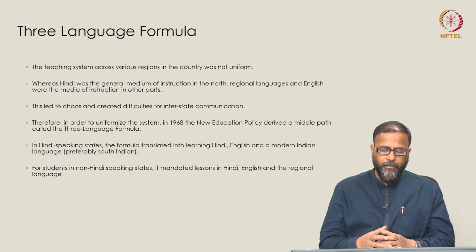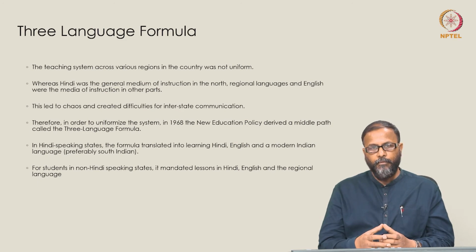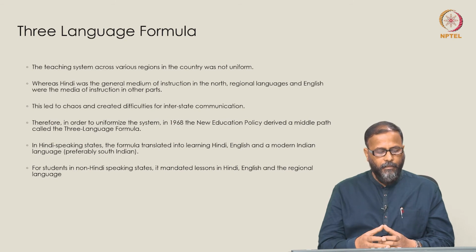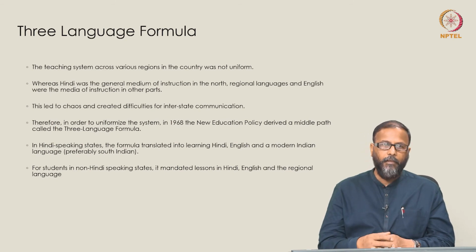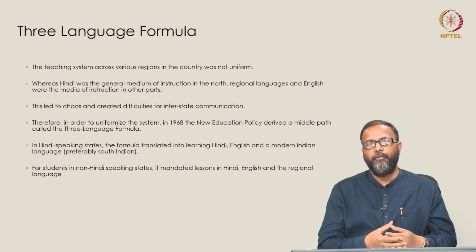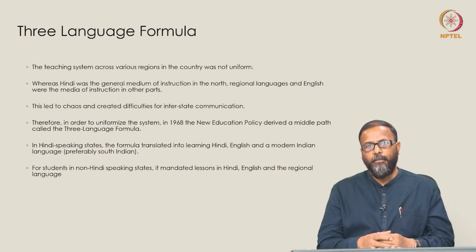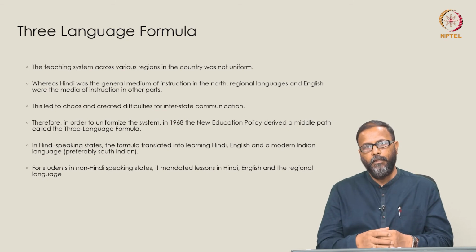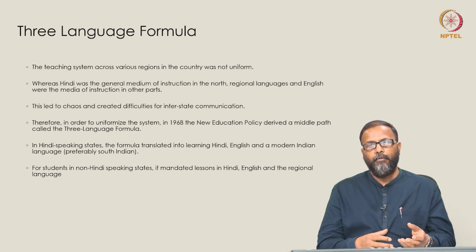So, in Hindi states, the formula translated into learning Hindi, English, and a modern Indian language, preferably a southern language. So, in the north, Hindi, English, and the third language, any language from the south.